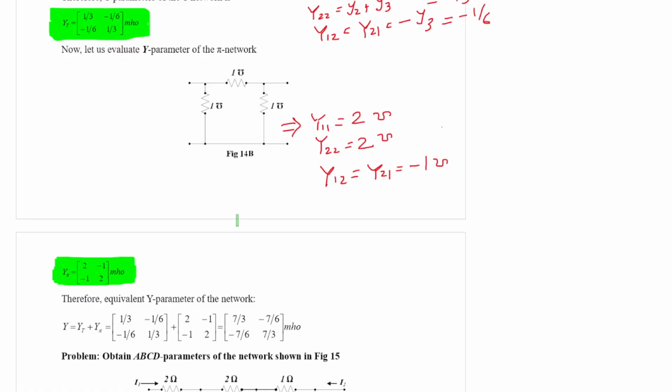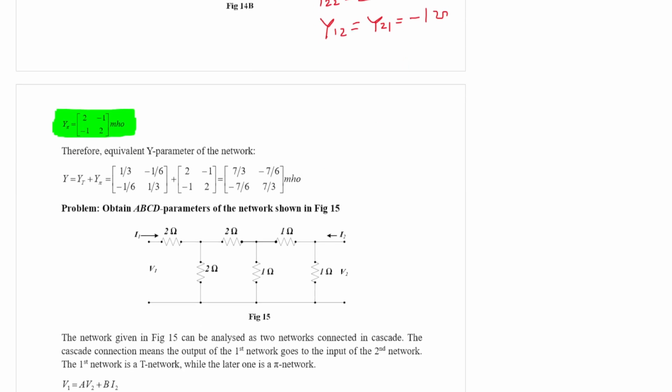Now if you want to calculate the y parameter of the overall network, what is the rule? The rule is you just add the y parameter of the T network and the y parameter of the pi network. So you will get the answer: 7 by 3, minus 7 by 6, minus 7 by 6, 7 by 3.